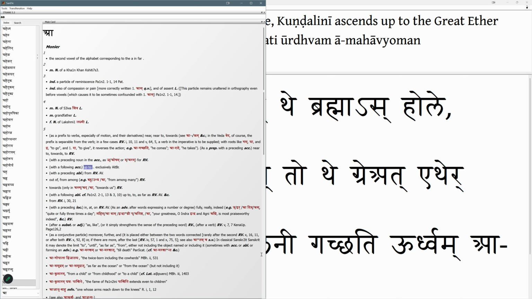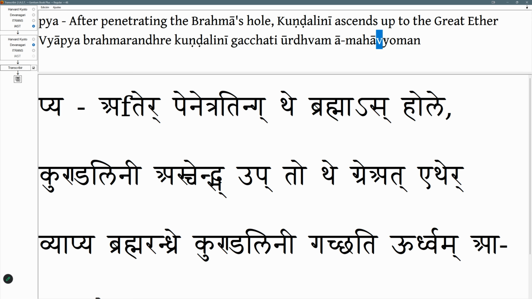Up to, but there is with ablative. Up to. With ablative too, from. From up to, as far, with the following ablative, up to, as far as. Ablative case. So I had to put Vyoman in ablative case, ending in man.